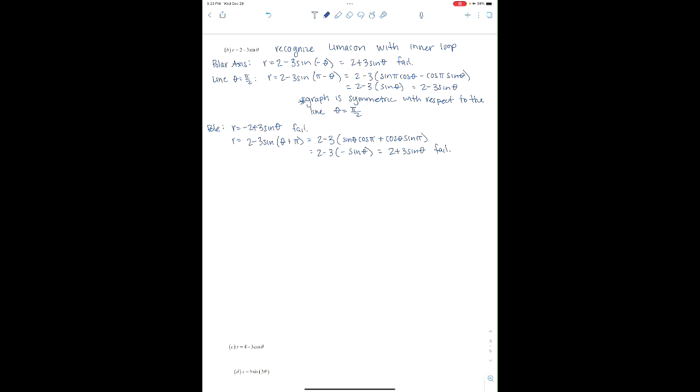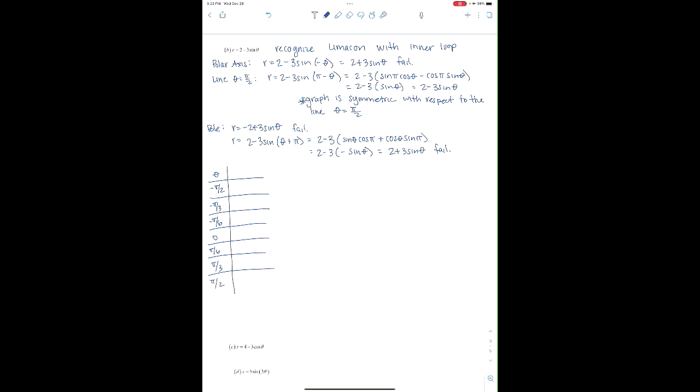As long as I can find from negative pi over 2 to positive pi over 2, I know it's symmetric, so I only have to find one side. So theta will go from negative pi over 2, negative pi over 3, negative pi over 6, 0, pi over 6, pi over 3, pi over 2.